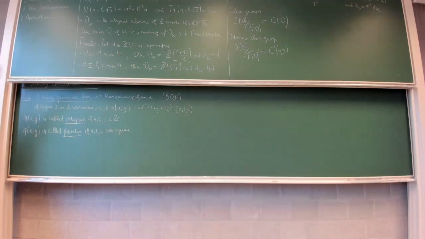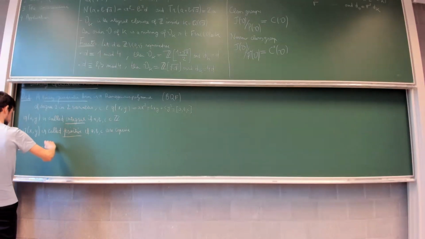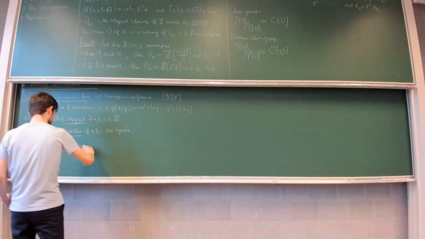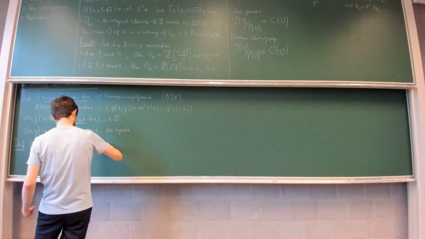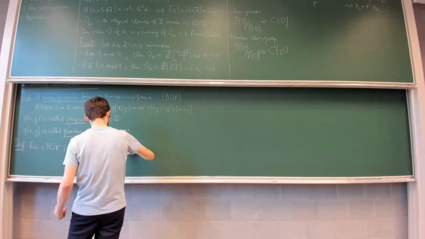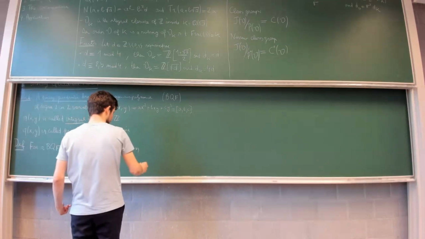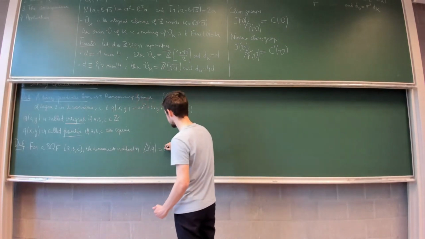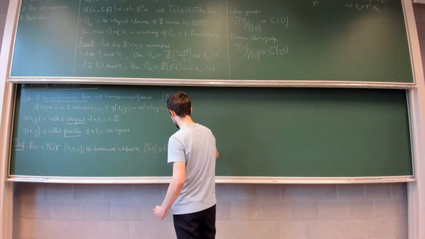Then, similar to how we have a discriminant for an order, there's also a notion of a discriminant for a binary quadratic form. It's of course not a coincidence that they have the same name. So for a binary quadratic form (a, b, c), the discriminant is defined as delta of Q, which is b squared minus 4ac.